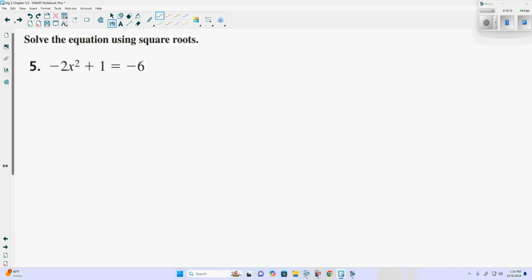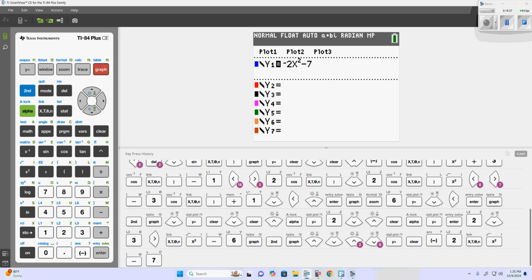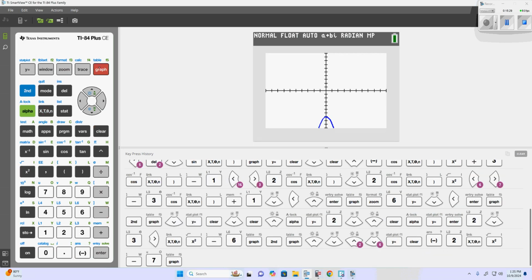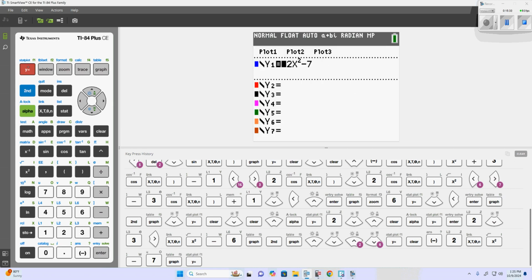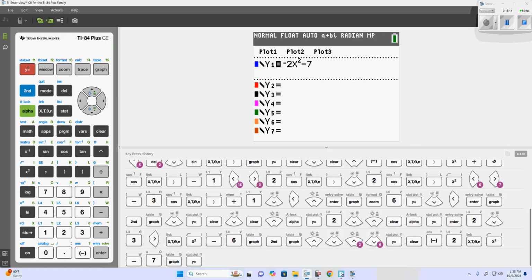Negative 2x squared plus 1 equals negative 6. If we tried graphing this one here, negative 2x squared minus 7. Oh, that's why.